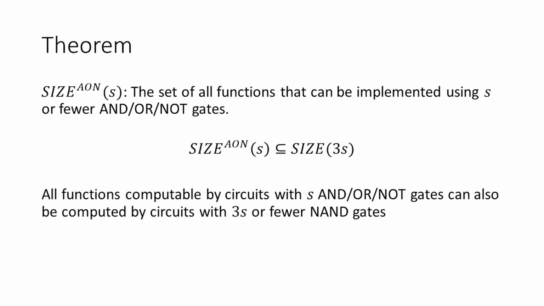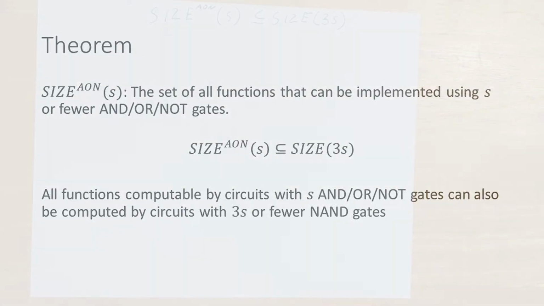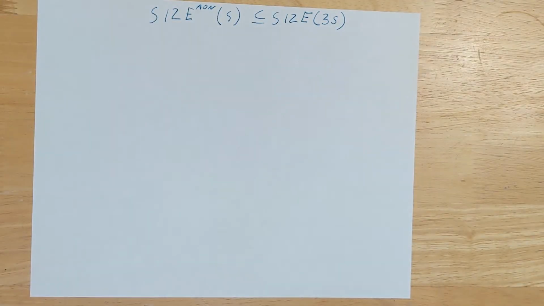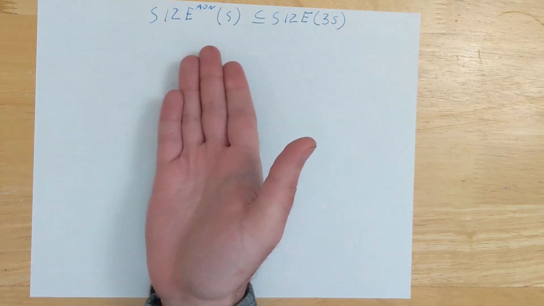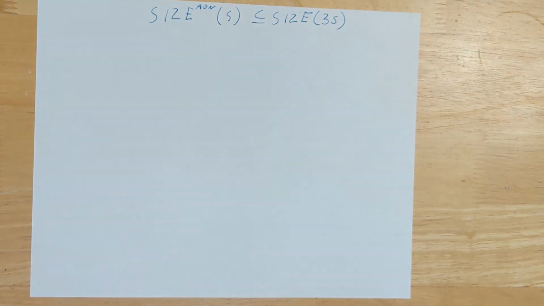What we're trying to show is that the set of all functions that can be implemented using S or fewer AND, OR, NOT gates is a subset of the set of all functions that can be implemented using 3S or fewer NAND gates. So let's show how we know that size AON of S is a subset of size 3S.